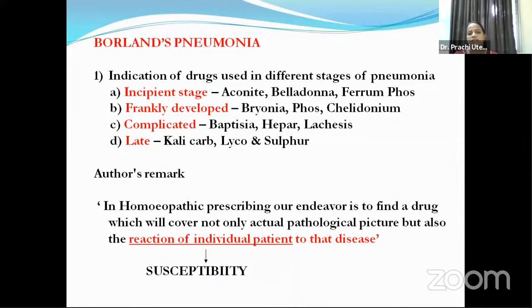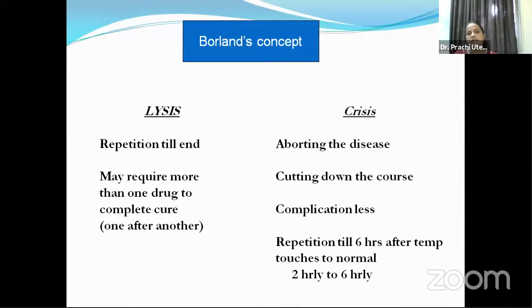Now, he has written that in homeopathic prescribing, our endeavor is to find a drug which will cover not only the actual pathological picture, but also the reaction of the individual patient to that disease. That is called susceptibility. What he has observed and portrayed is that there can be cure by lysis or by crisis.